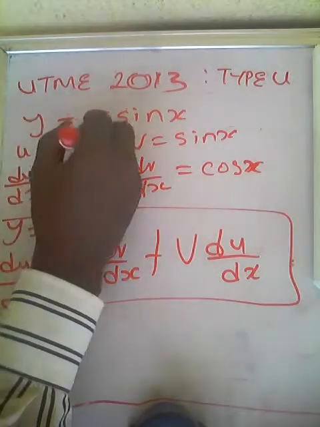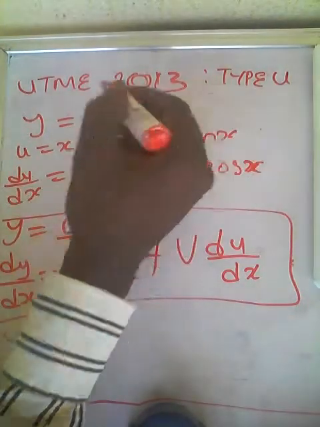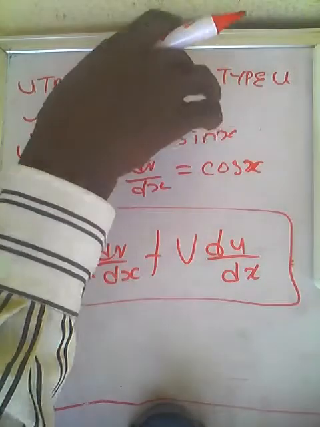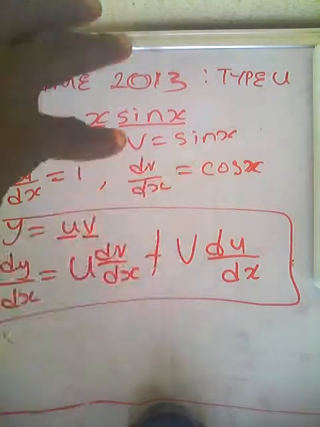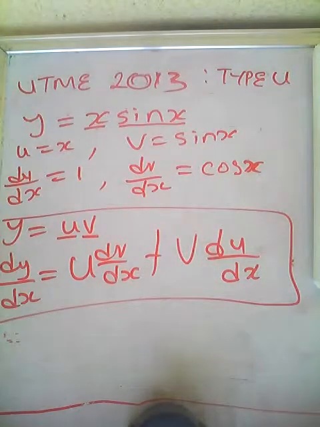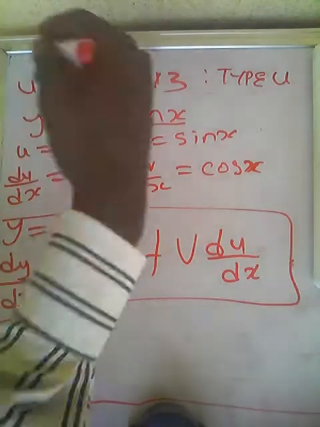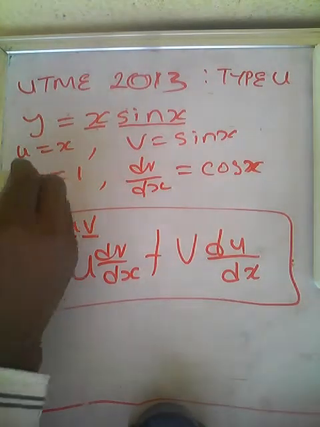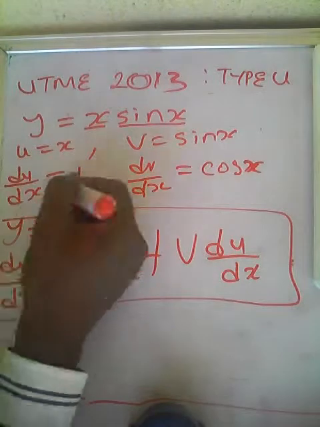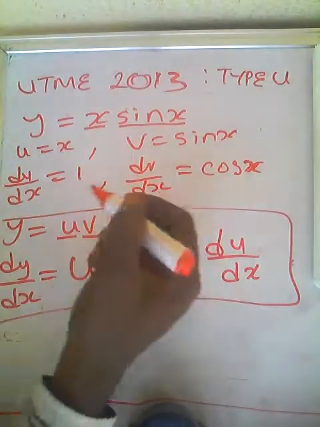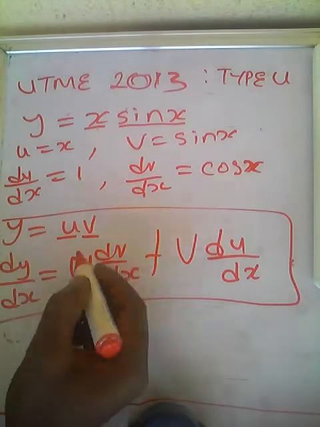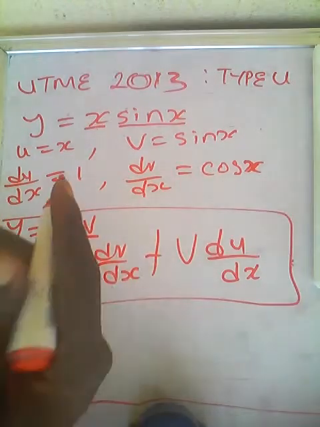You can see that x is a function and sine x is a function, so x is multiplying sine x. So we can use our product rule to solve a problem like this. Since we have u as x and du/dx as 1, v as sine x and dv/dx as cos x, we can substitute in the product rule formula.